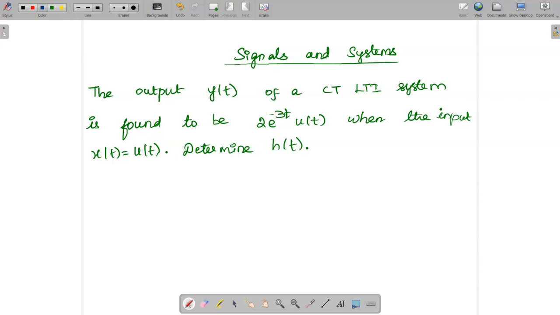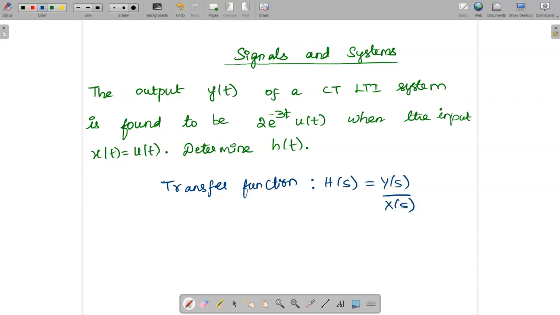So we know the relationship between the output input as well as the h of t, that is we have the transfer function given by h of s equal to y of s divided by x of s.